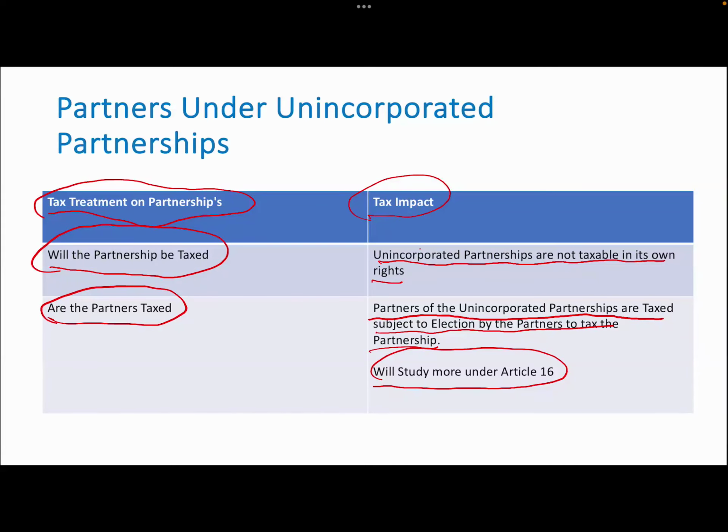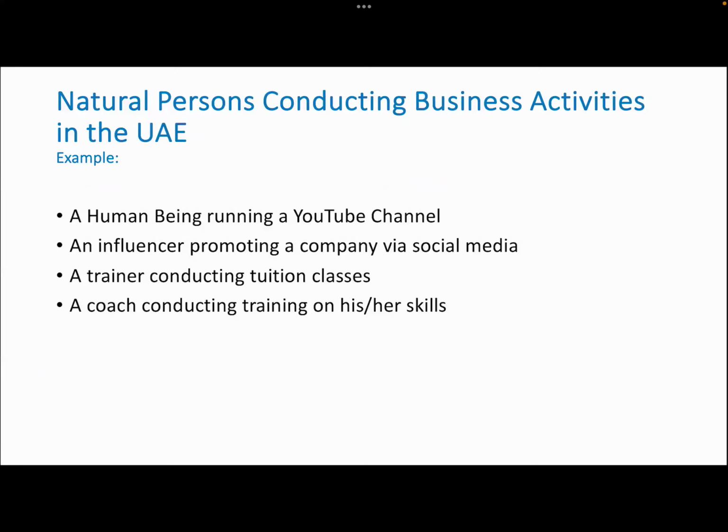Now, let us understand natural persons conducting business activities in the UAE. What are the examples? A human being running a YouTube channel. Obviously, there are a lot of YouTubers these days, they earn a lot of money, and the FTA has given certain rules for them earning money.